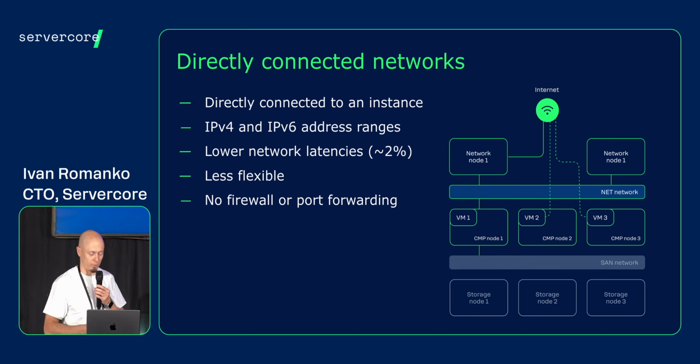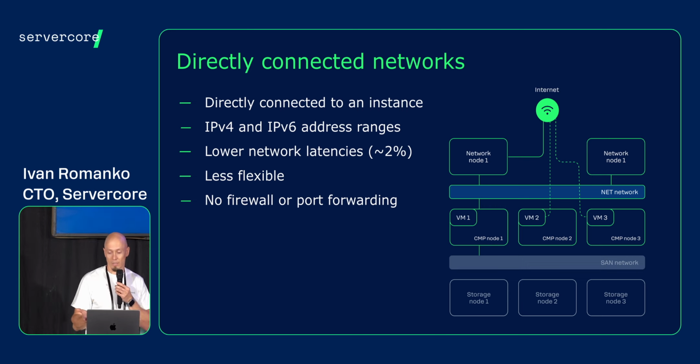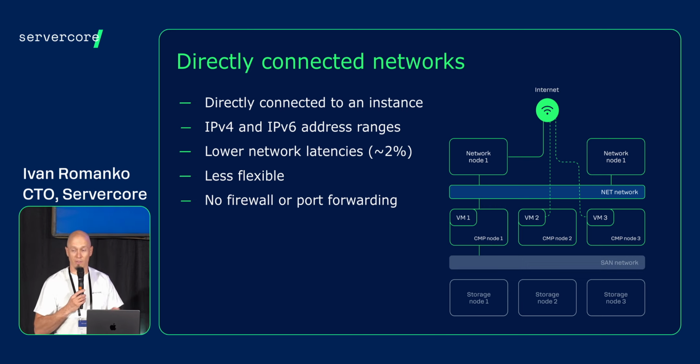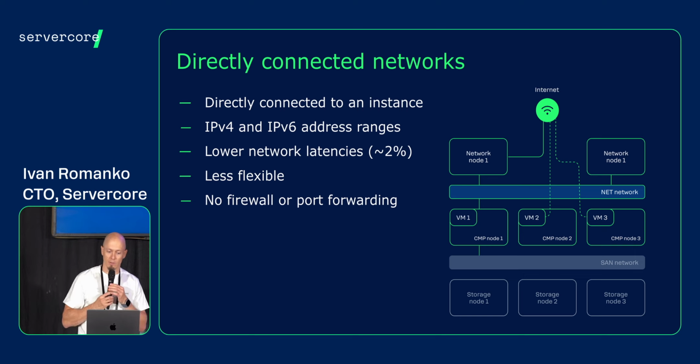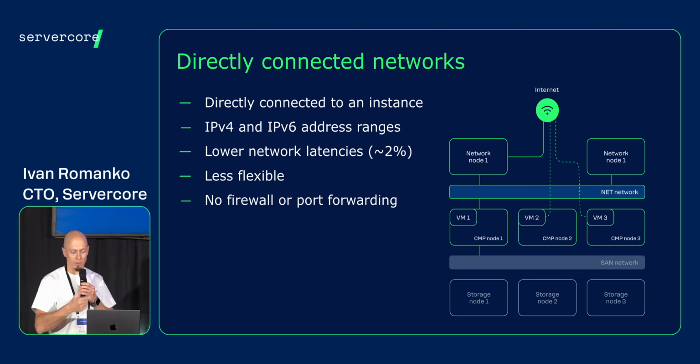And for now, this way of connectivity does not provide you with the firewall or port forwarding technologies available when you use Cloud Router. So if you are using public networks, these IP ranges, you will have to set up a firewall on each server which is connected to the internet, inside the server.